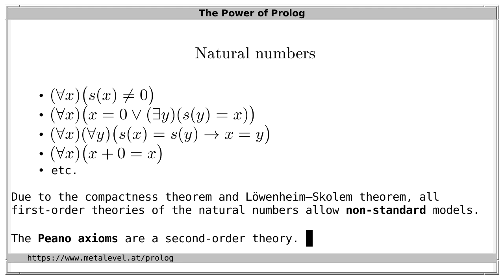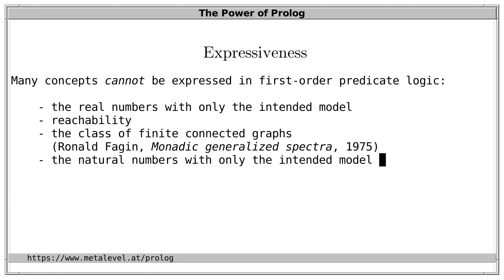One way to rule them out is to add second-order axioms. This is, for example, done in the Peano axioms of arithmetic. This means that we add a sentence that quantifies over predicates. For example, the so-called induction axiom. And in this way, we can obtain a categorical model of the natural numbers. And also the other things I mentioned can actually be defined in second-order predicate logic.